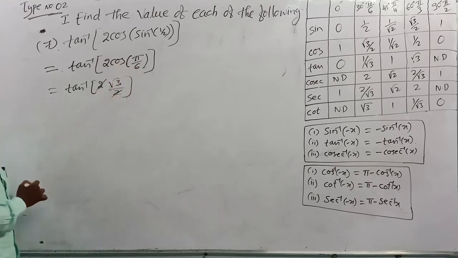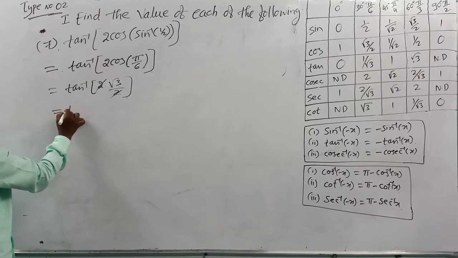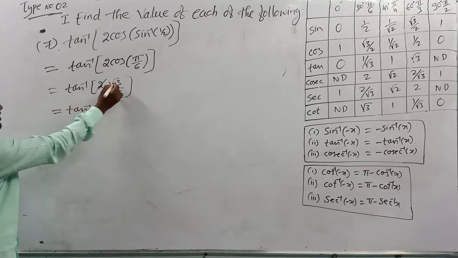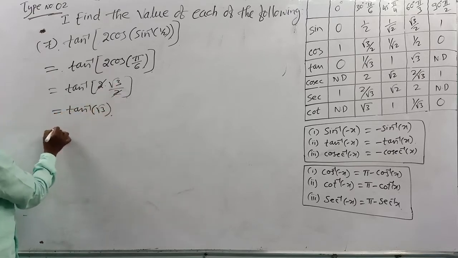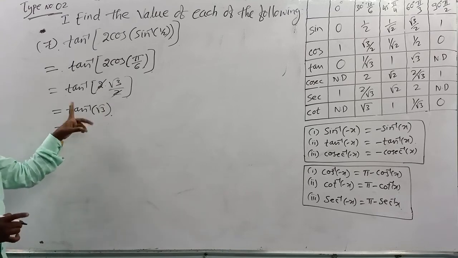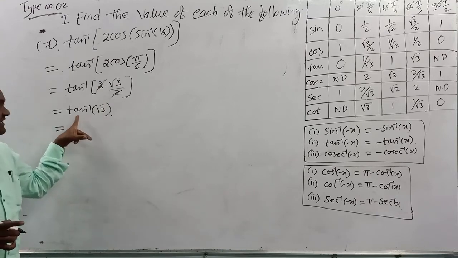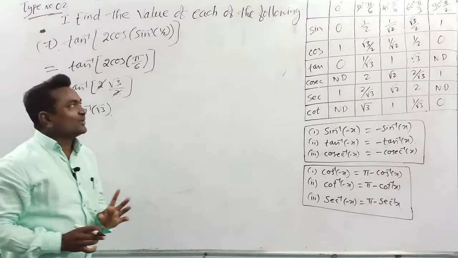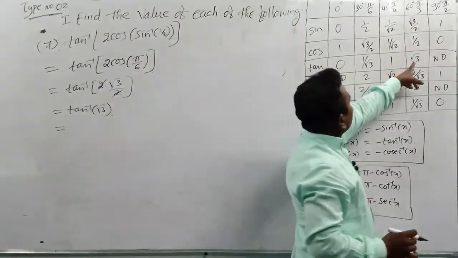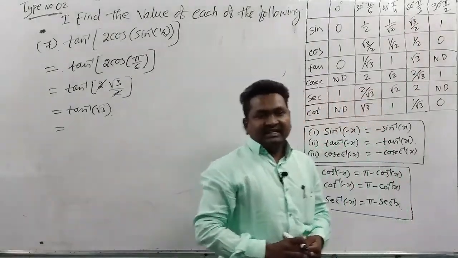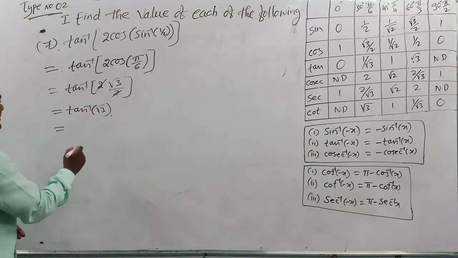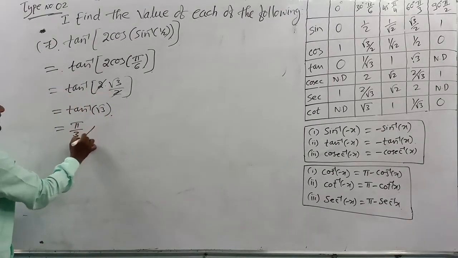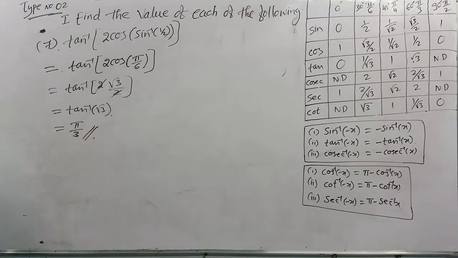Again the 2s get cancelled out. So what remains? Tan inverse of root 3. Now finally, tan inverse means an inverse trigonometric function is there. So tan inverse root 3 is equal to how much degree? 60 degree, which means its value is pi by 3. This is the required value.